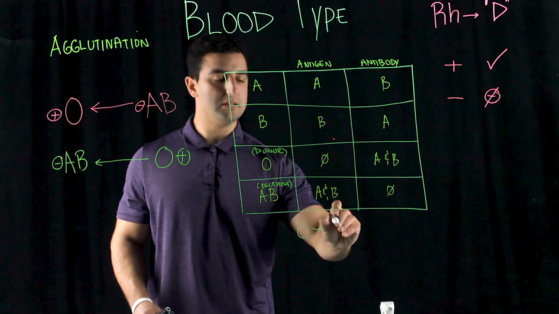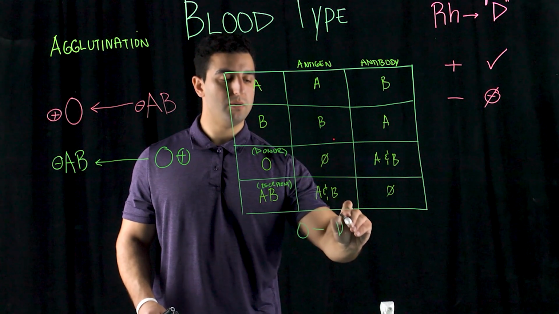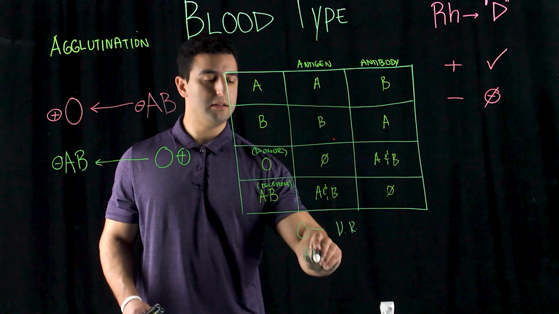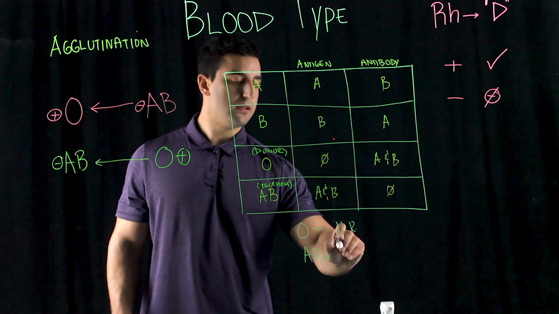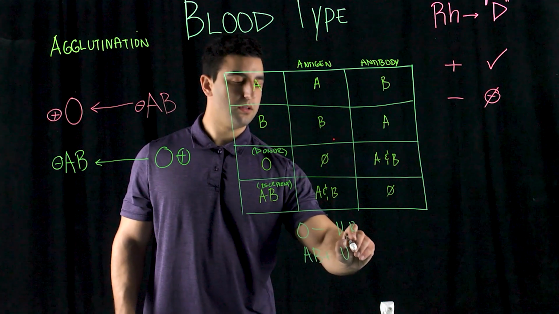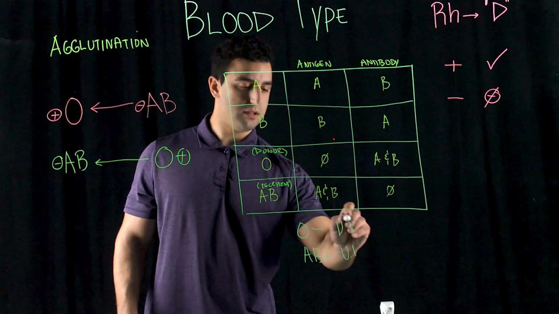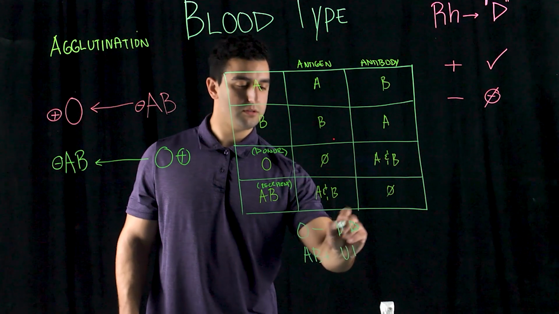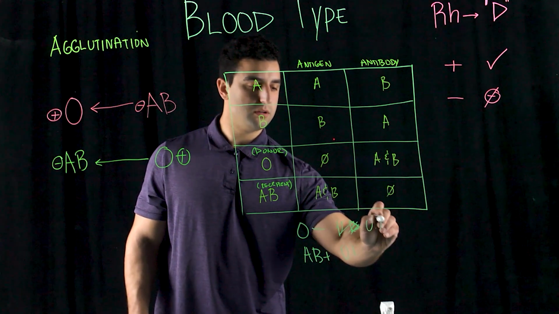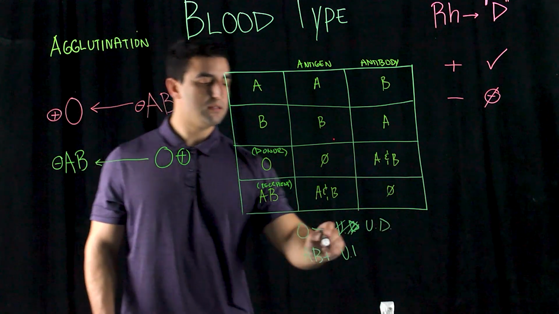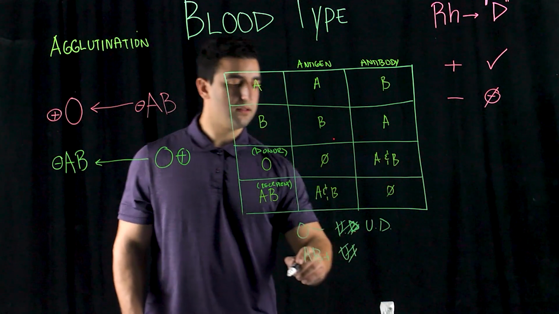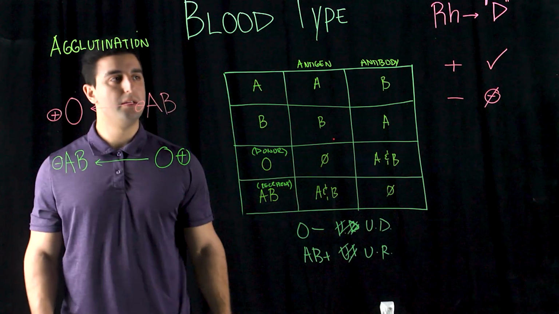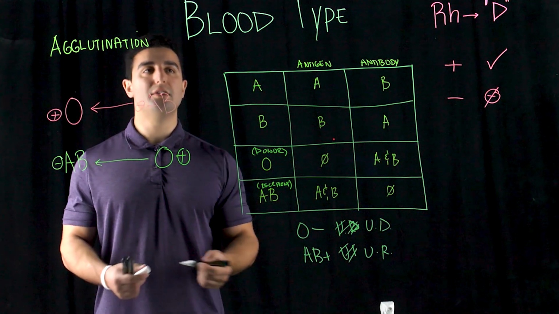Excuse me, I mixed that up. So the universal donor is the O minus, right? So let's cross that out. Universal donor is the O minus, and the universal recipient is AB positive. And that's the general blood type standard in clinical practice.